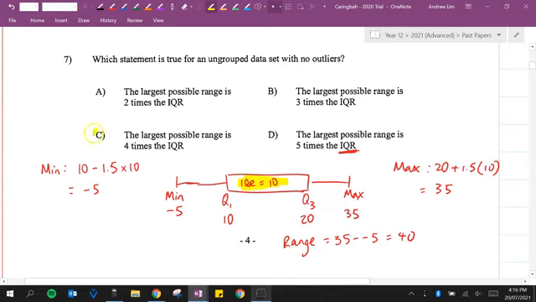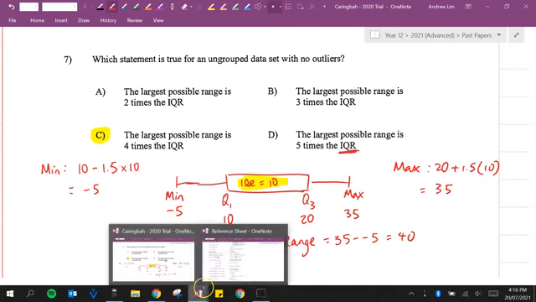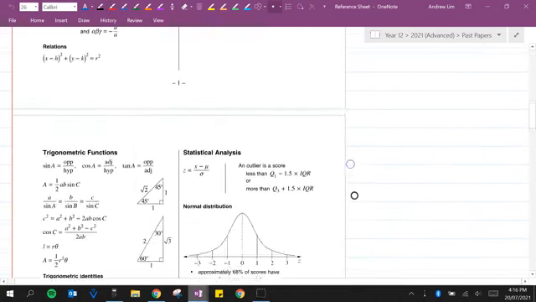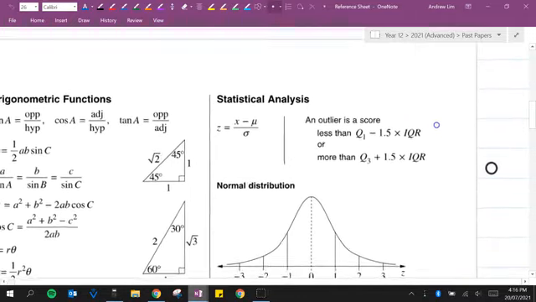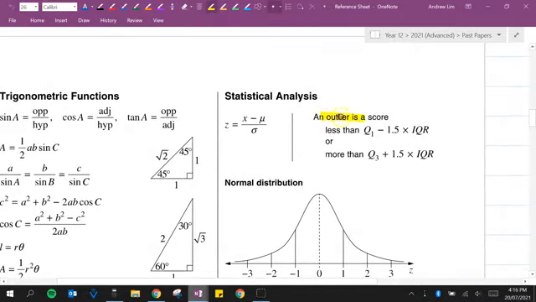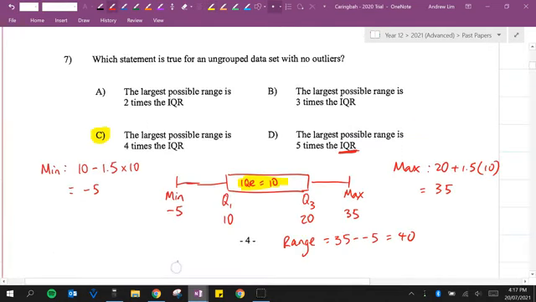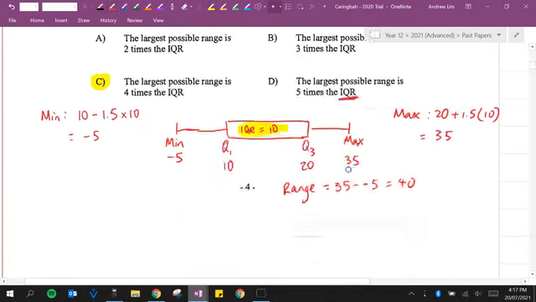So the answer has to be C. Remember you have this formula on your formula sheet for outliers, it's right here. That helps me work out what the minimum and the maximum value is for this data set.